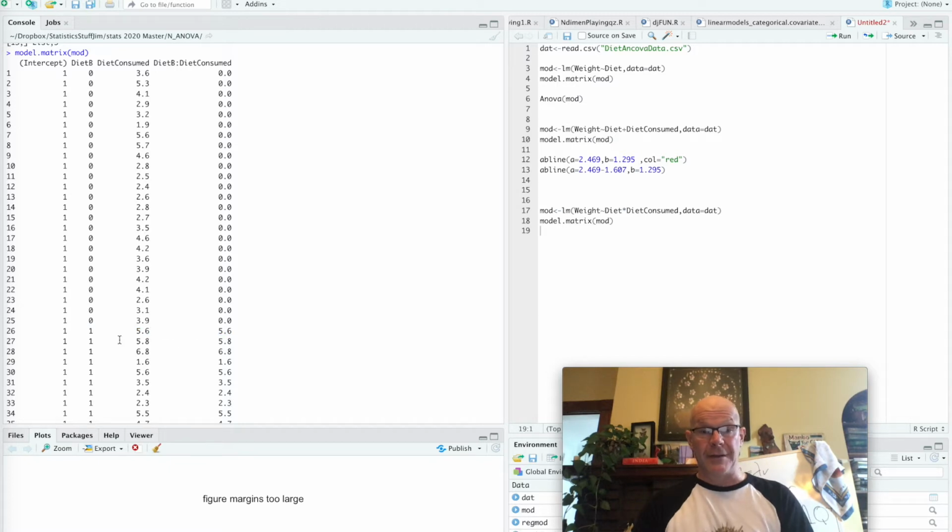Okay, and it's literally multiplying. Since it's diet times diet consumed, it's 1 times 5.6 equals 5.6, just like 0 times 2.6 equals 0. And so this is what the model matrix looks like in the background, and this is what the computer is using when it's going to develop our model. So we can go ahead and analyze our model in anova.mod.